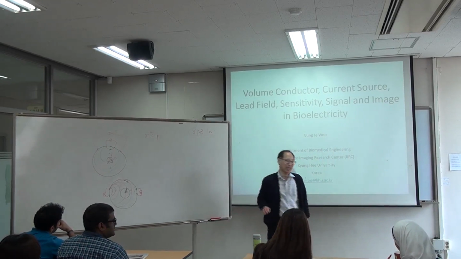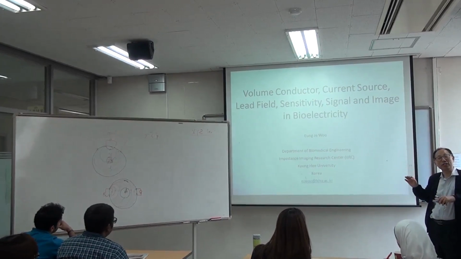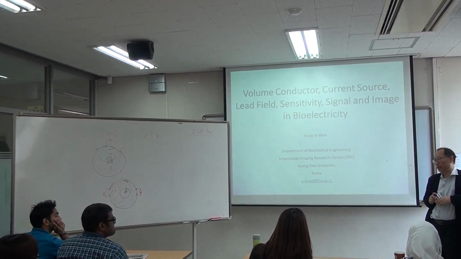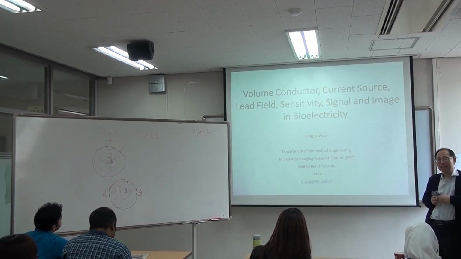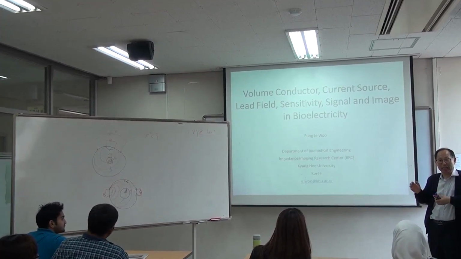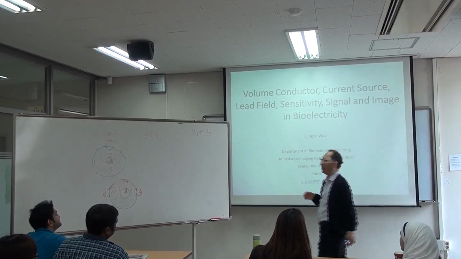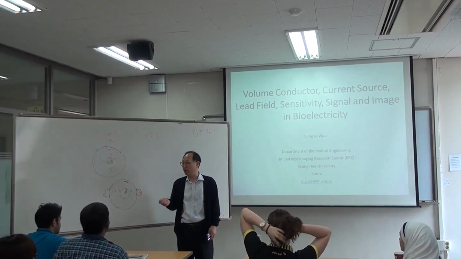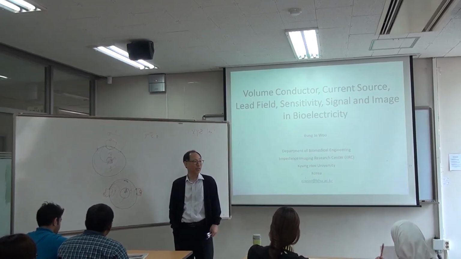So, I'm talking about all of these because the things you learned so far are not just mathematics. Those are really, really practical knowledge. If you don't understand lead vector and lead field, there is no way you understand why certain electrical configuration is giving you big signal and why other electrical configuration gives you almost no signal.